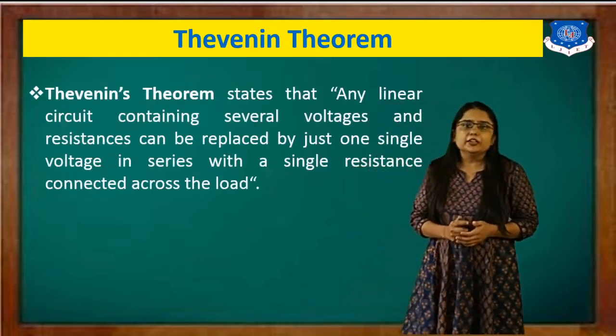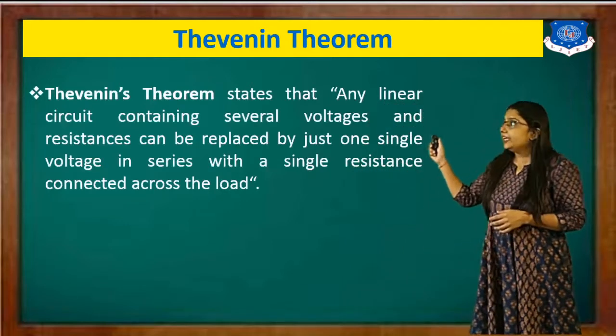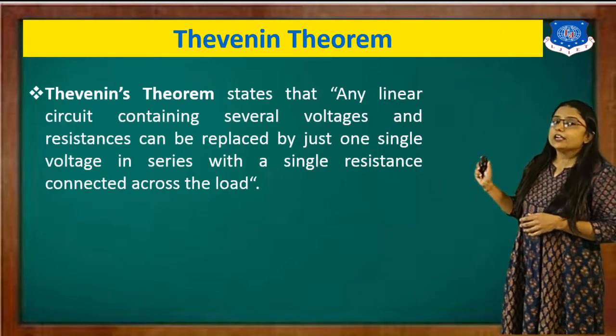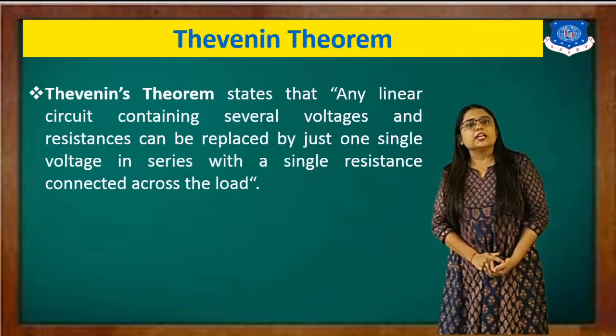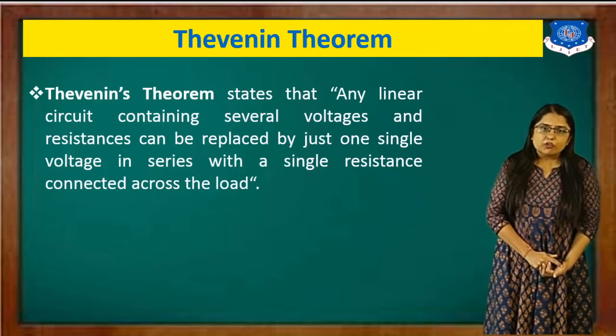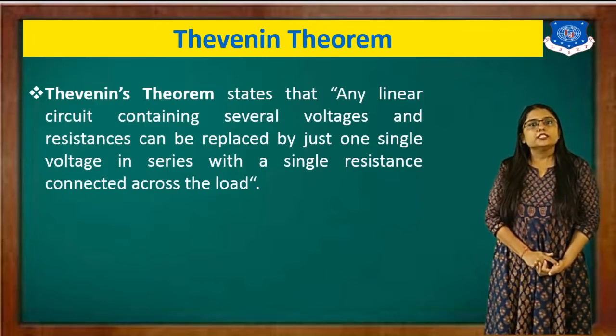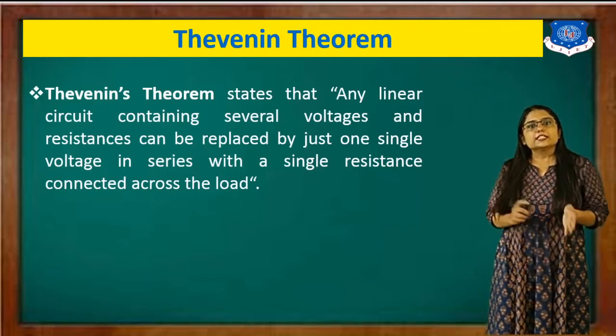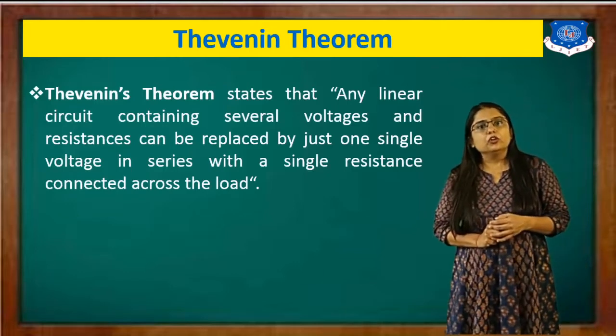The Thevenin theorem states that any linear circuit containing several voltages and resistances can be replaced by just one single voltage in series with a single resistance that is connected across the load.